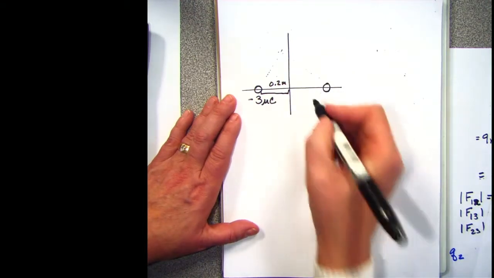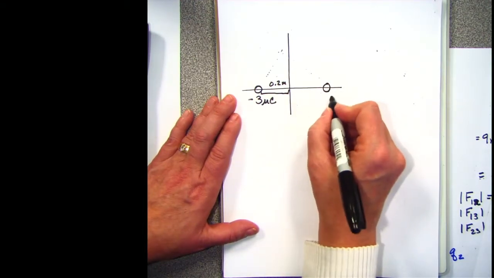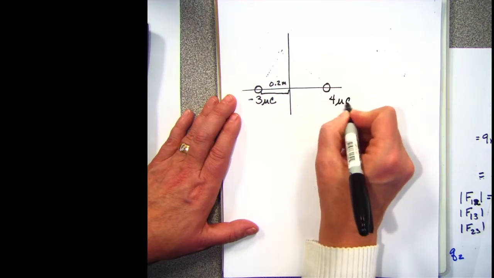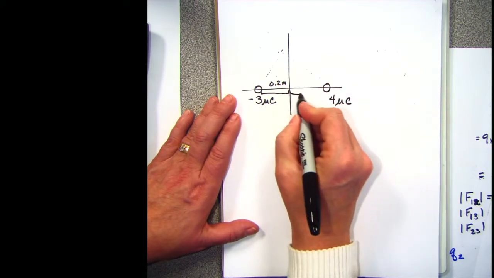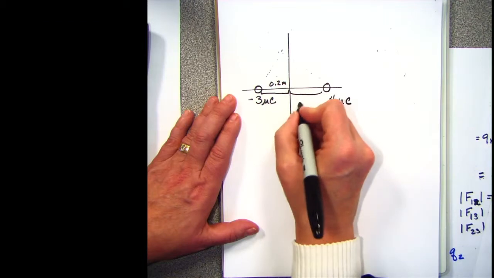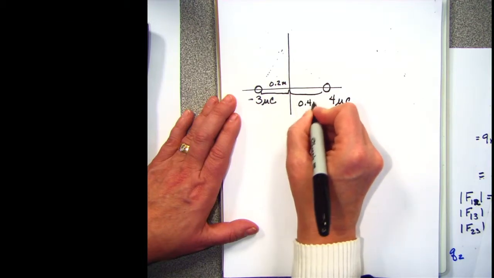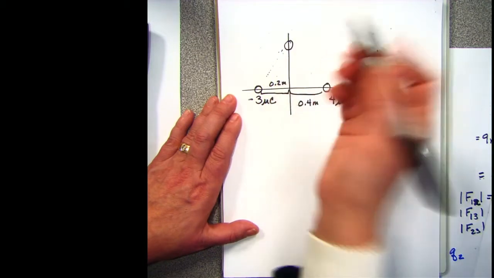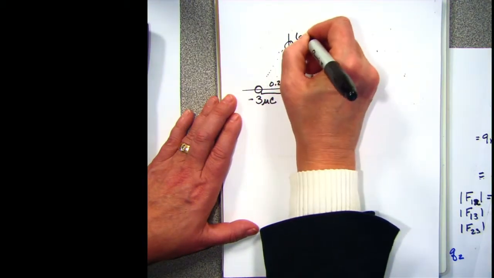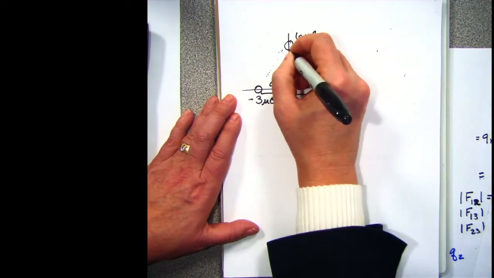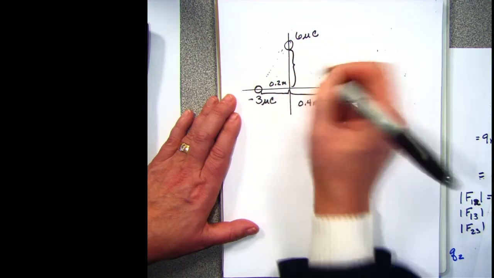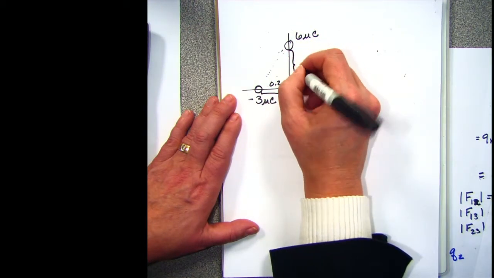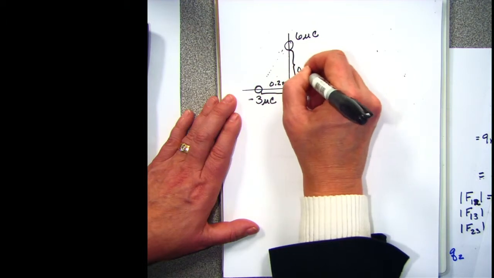We're going to put another charge here, and I'm going to make this one a +4 microcoulomb charge. And we're going to say that this distance is 0.4 meters. I'm going to put a third charge up here, and I'm going to make this one a 6 microcoulomb charge. And this one is going to be a distance of 0.5 meters.